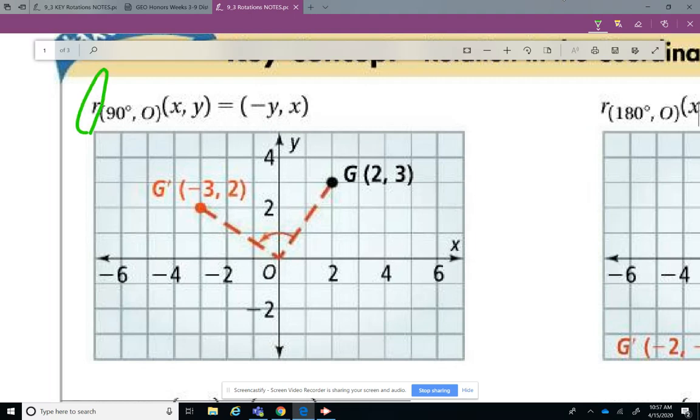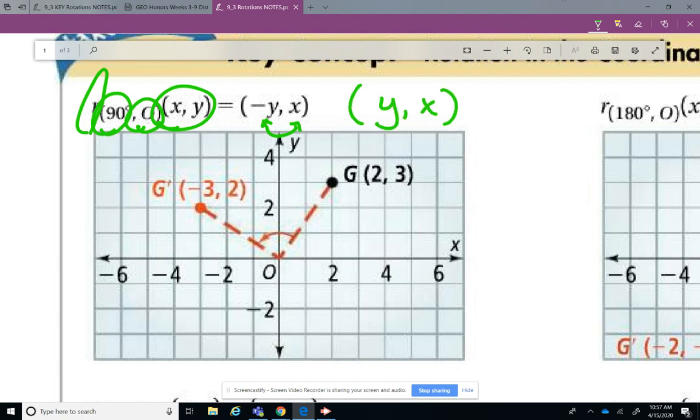If I'm rotating 90 degrees about the origin, and I'm rotating whatever this point is, you are going to switch your X and Y. So it's going to be a Y and an X. And then your first coordinate is going to become negative. So watch how this worked. Take these two numbers right now and switch them. 3, 2.